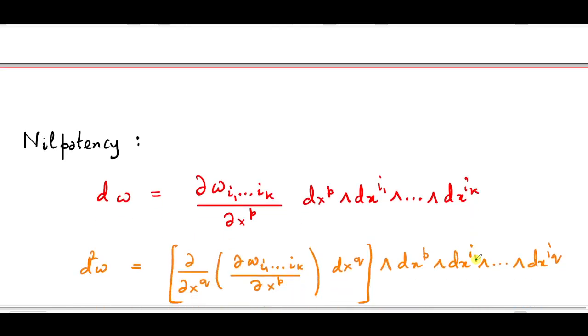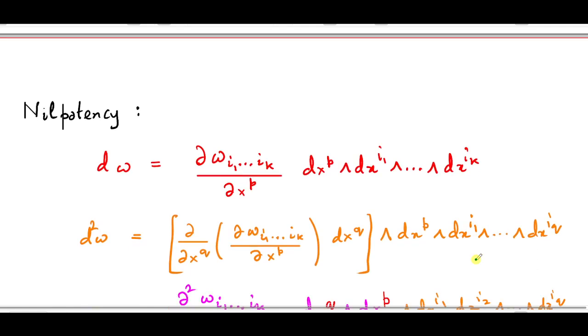We want to do d on that once again. Note that the coefficient function for the k plus 1 form is simply this partial derivative sitting here. So when you do d2 omega, you do essentially d of this wedged with the rest. So del xq of this quantity dxq, that's d of this quantity wedged with all of this.